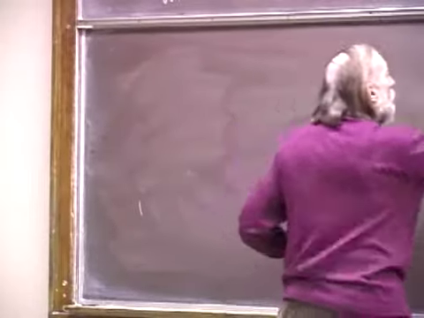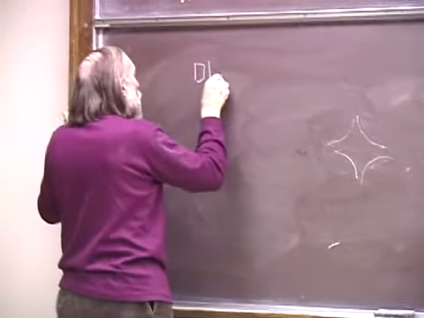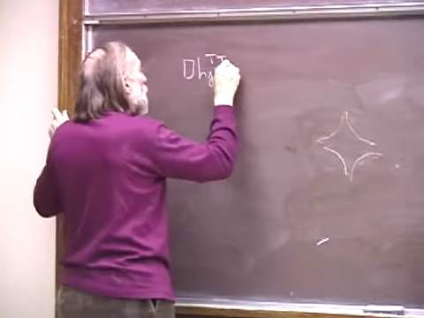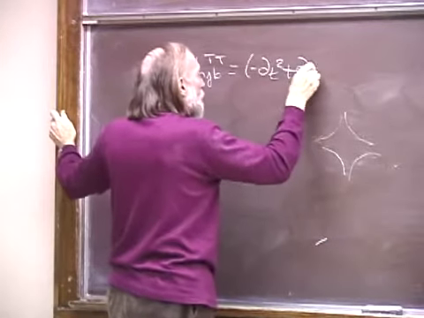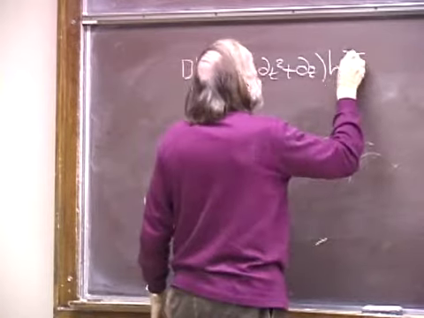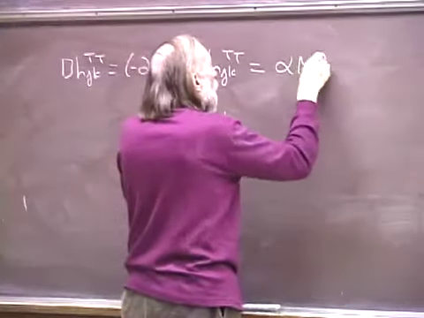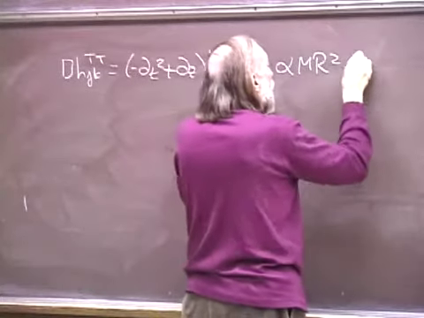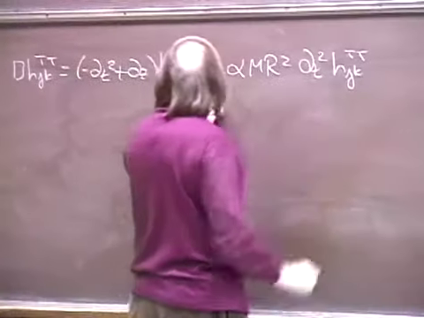And so I now have a wave equation, box h_jk transverse traceless, which is minus d_t squared plus d_z squared h_jk transverse traceless, is equal to alpha m r squared, again, two time derivatives, h_jk transverse traceless.